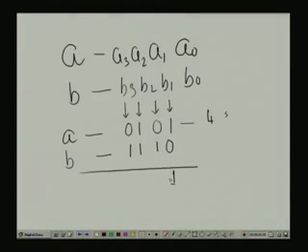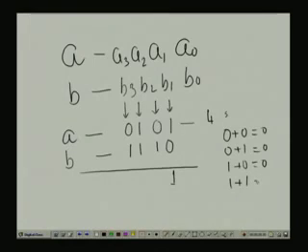Already we have defined that 0 plus 0 is 0, 0 plus 1 is 0, 1 plus 0 is 0, 1 plus 1 is 1, carry 1. Here all the carries are 0, so it is not important. Now, 0 plus 1 again is 1, carry 0. Now, 1 plus 1, the sum is 1 and there is one carry also.